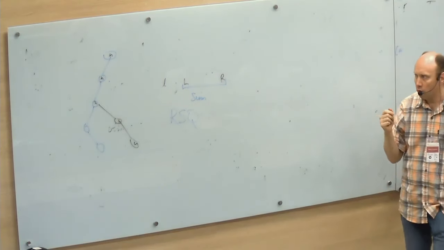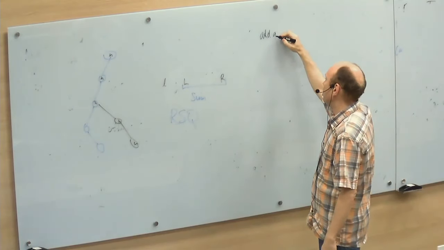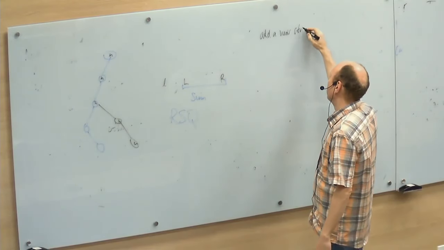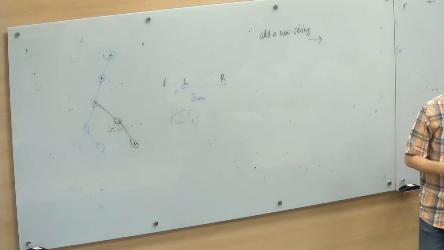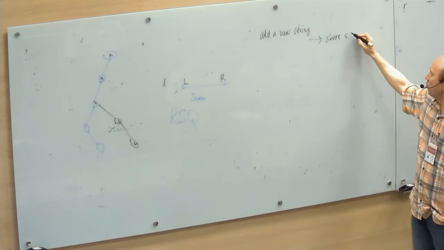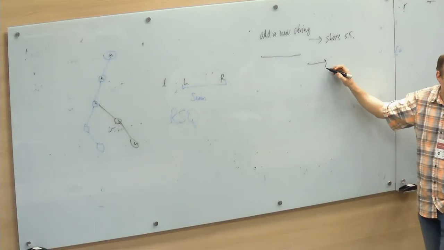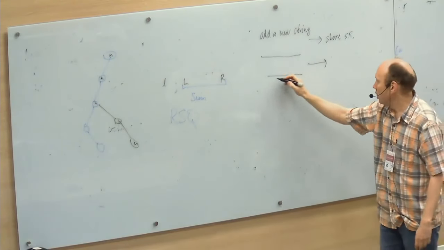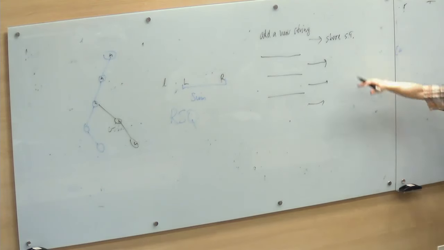So when you add a new string, store the current state of your segment tree. Add a new string, store the current state. Add, store, add, store.